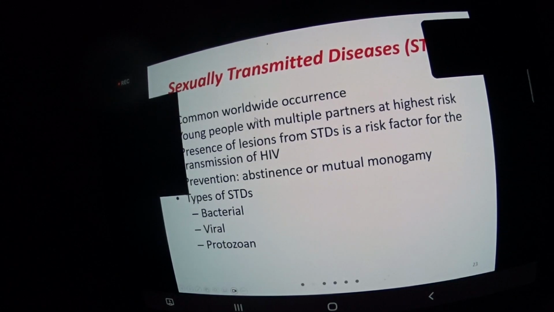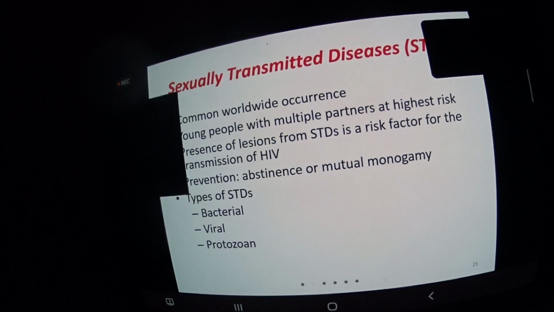Okay, now we're getting to the fun ones. Sexually transmitted diseases. Oops, I should change this. Sorry. We no longer call them sexually transmitted diseases. We call them STIs. It has been told that the term disease is offensive. It's not, it's an infection.